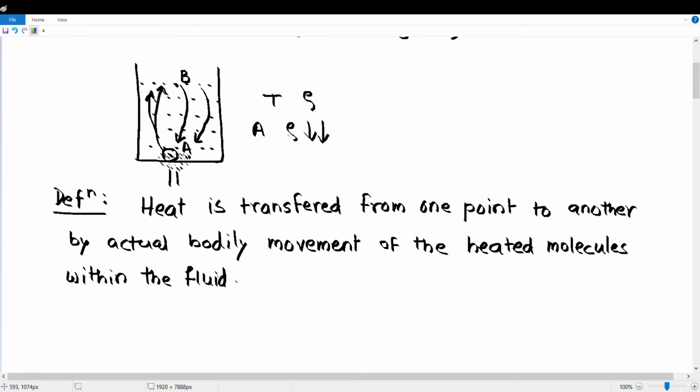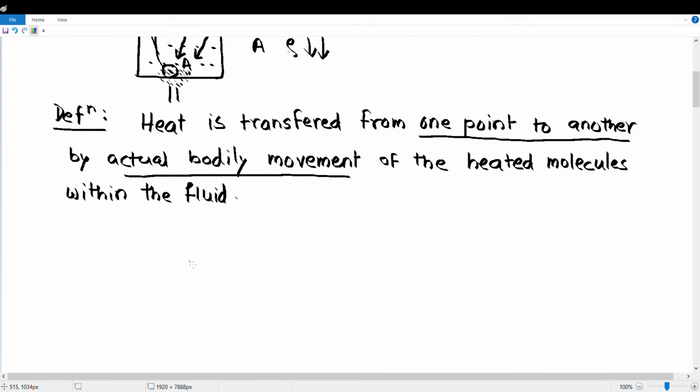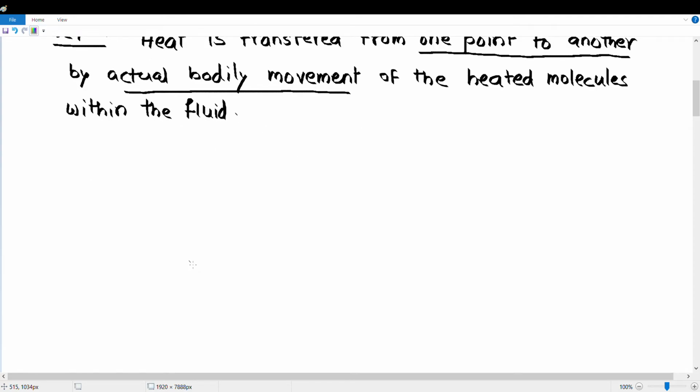This is the definition of convection. Convection is a mode of heat transfer. In convection, heat is transferred from one point to another by actual bodily movement of heated molecules within the fluid. So, this is convection. In liquids and gases, heat is transferred by convection.